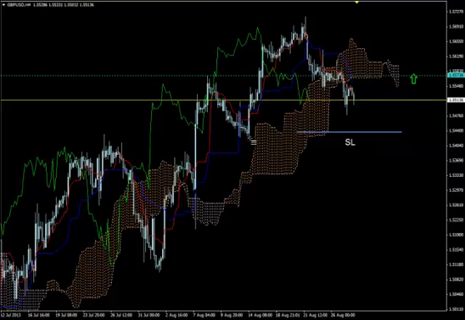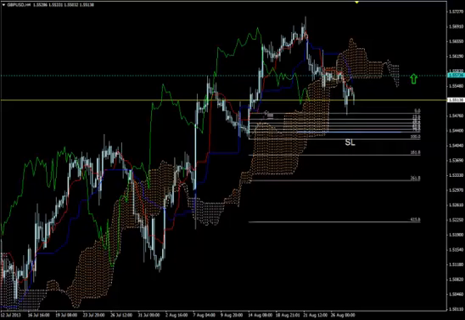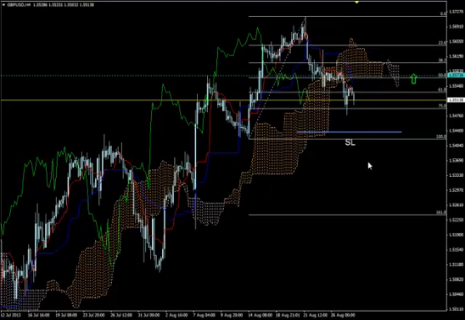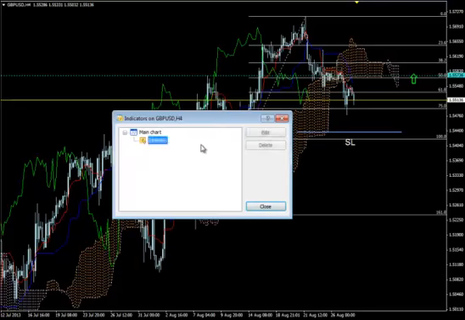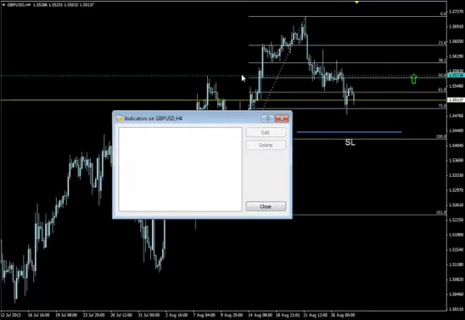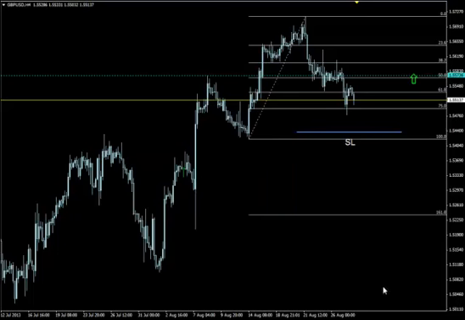If we add the Fibonacci levels on the last upward wave, and if I remove Ichimoku so I make the picture clearer for you, we see that the price since the upper point of the move, and that's why I gave you the signal here, because I thought it would go down to the 50 Fibonacci level and would rebound, but it didn't happen.